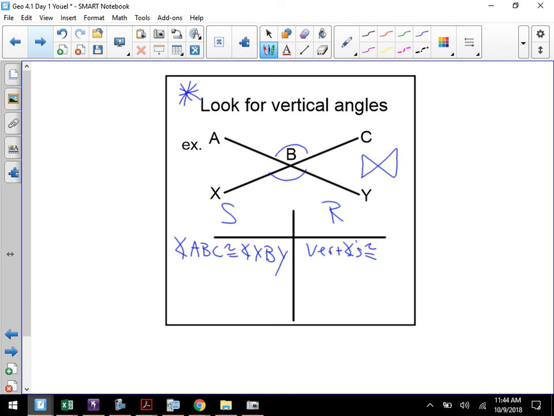Pictures like that will usually have vertical angles. Put a little diagram of a bow tie in there.